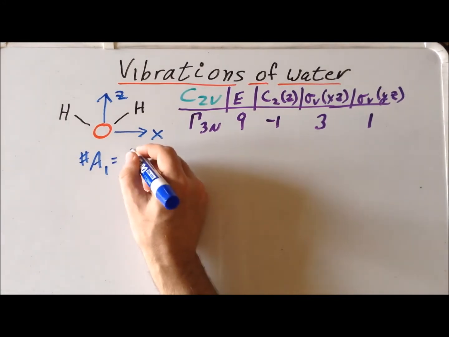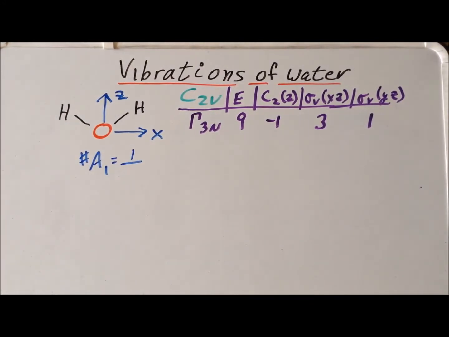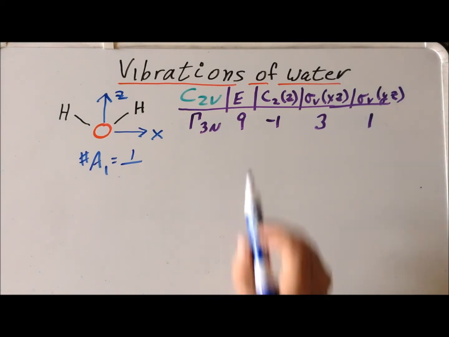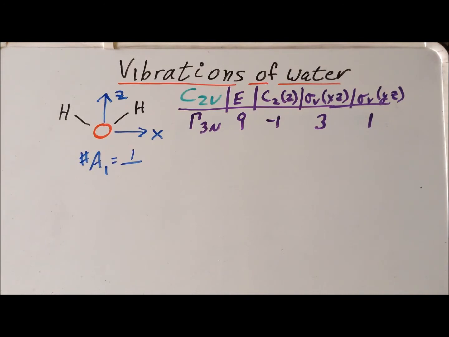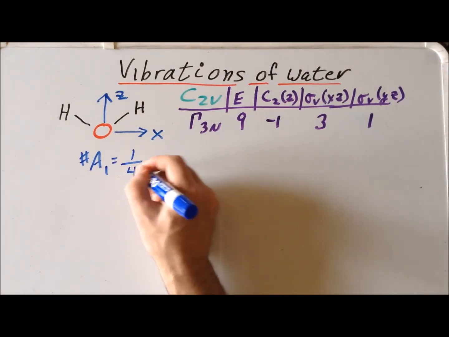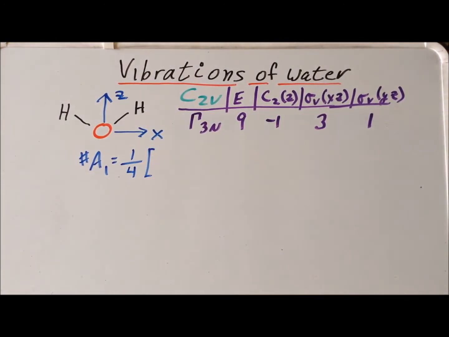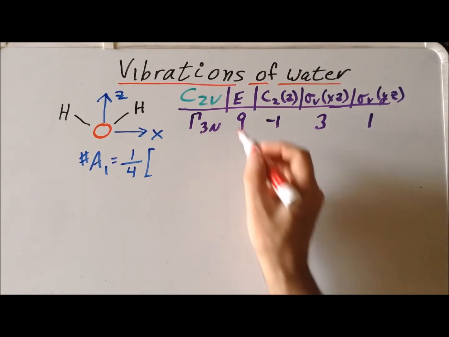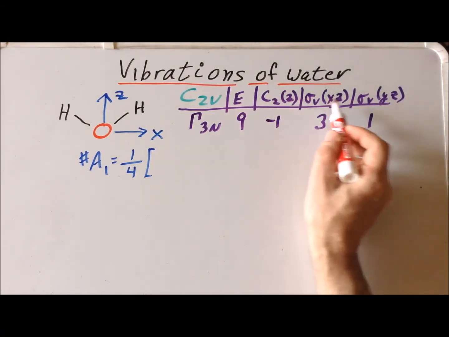And recall that the factor we put in front of all our terms is 1 over the order of the group. The order of the group for C2V is 4 because there are 4 symmetry operations in the group. So we have 1 divided by 4. And then for each term, we have 3 factors. The first factor is the number of operations in the group.